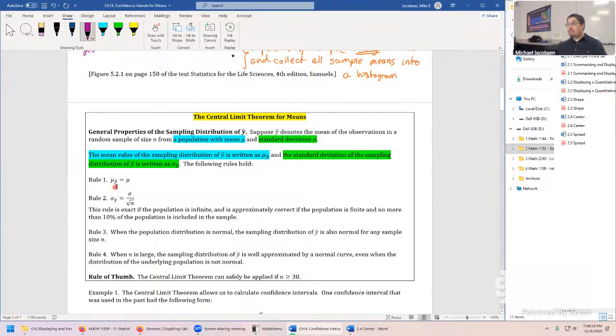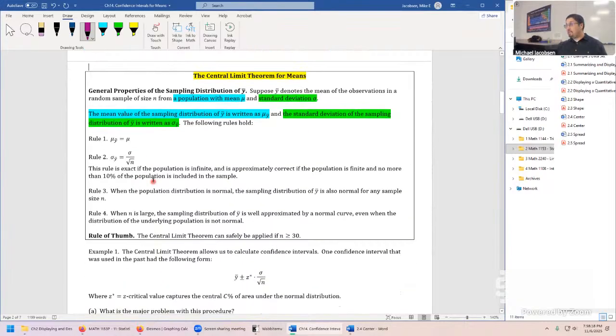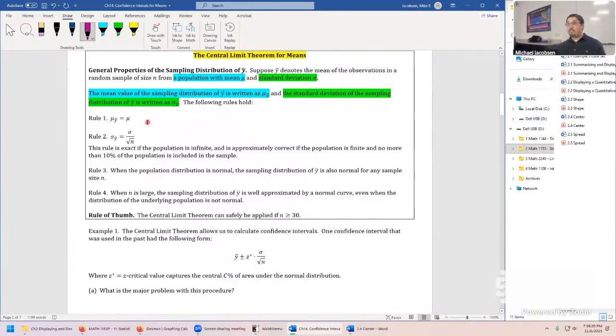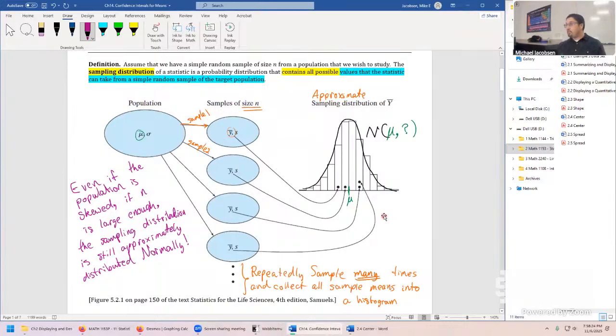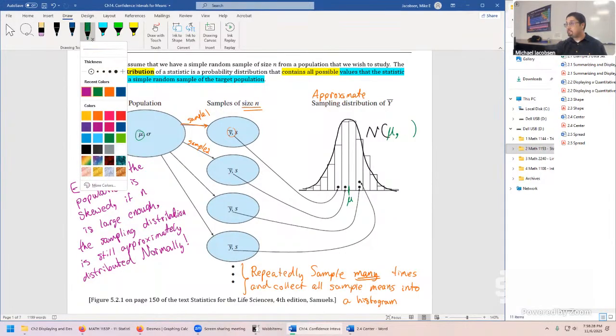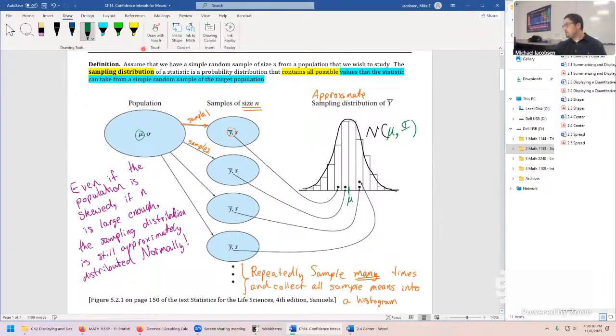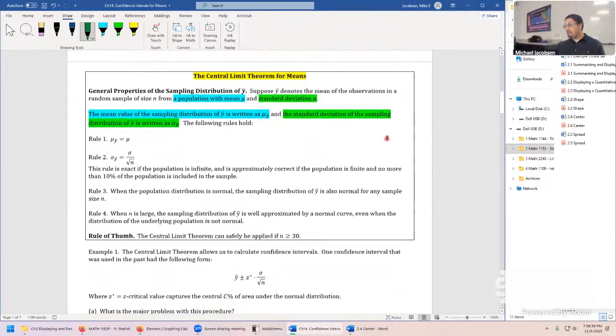The mean is mu, like we saw in the graph above, and the standard deviation is just sigma divided by the square root of n. So that gives us the full description of the information. In the above graph, we can fill this in if we'd like and just say this is sigma divided by square root of the sample size. So that's the description of this curve here, the sampling distribution of Y bar.